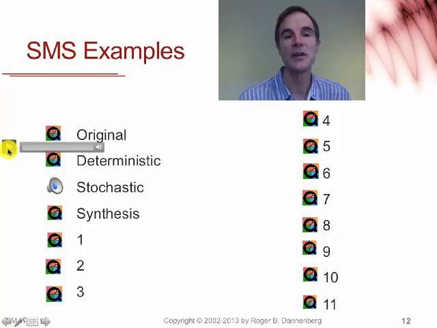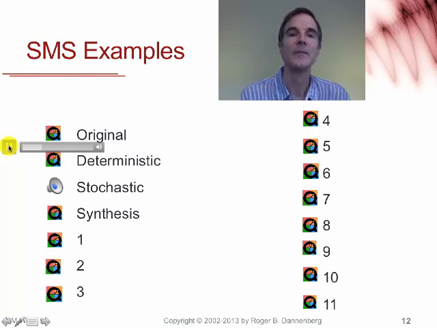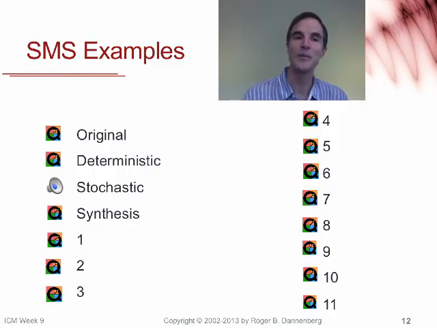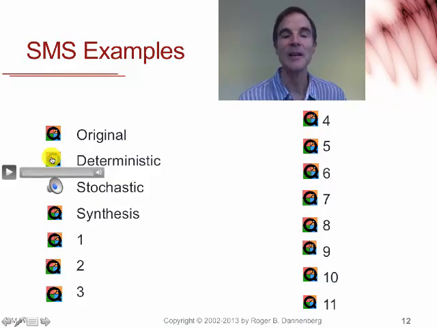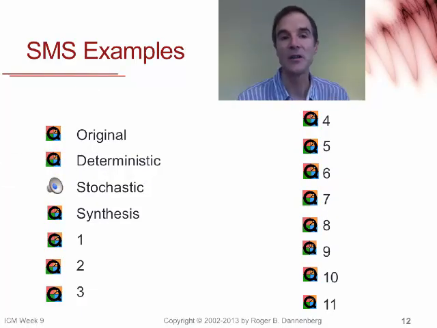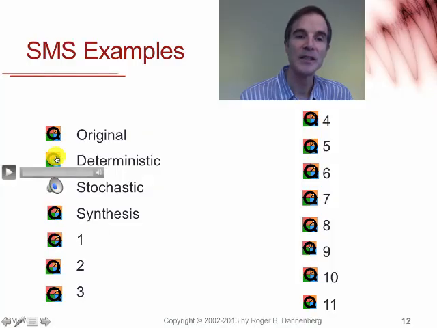Let's start with an original signal to be analyzed. You notice that's a pretty tonal piece. It's a guitar, but there's some interesting noise as the fingers are sliding across the strings. The sinusoidal part is also called the deterministic part.